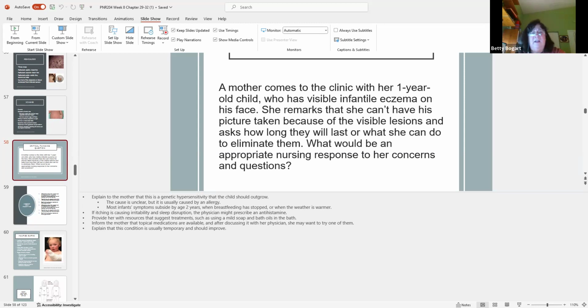We think it's caused by an allergy. And usually symptoms sometimes come when breastfeeding stops, because what mommy does is give those antigens which can stop it. Sometimes with the itching, they might put them on some antihistamines. And again, I'll always say it, it's never in these PowerPoints, but cutting the nails is a big thing for this.